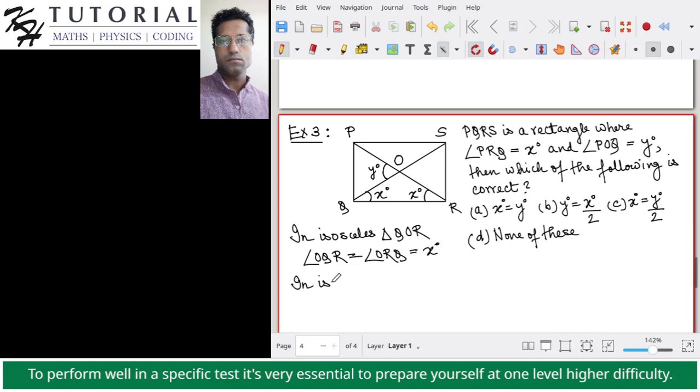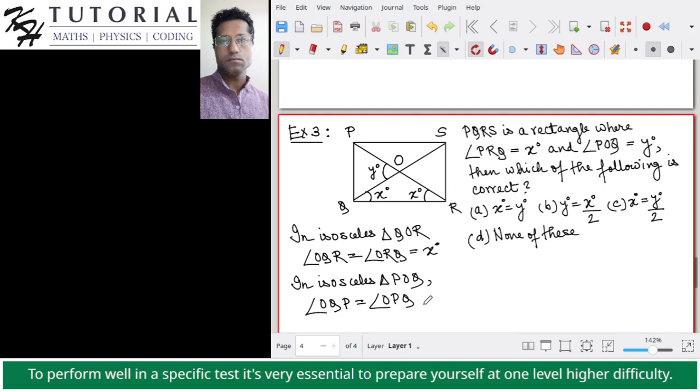We have in isosceles triangle POQ, angle OQP should be equal to angle OPQ. Now what will be these angles?